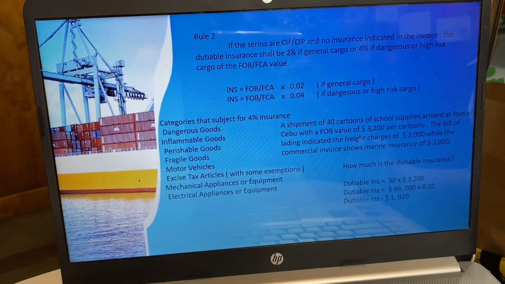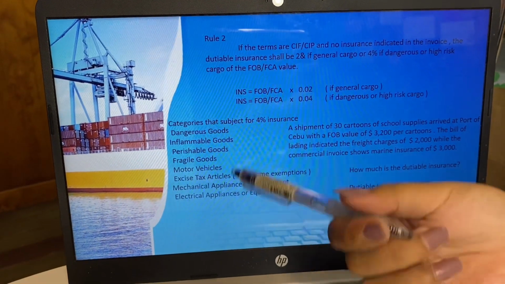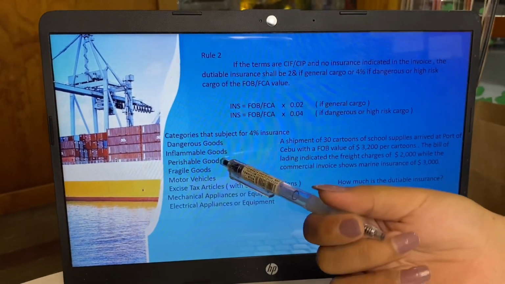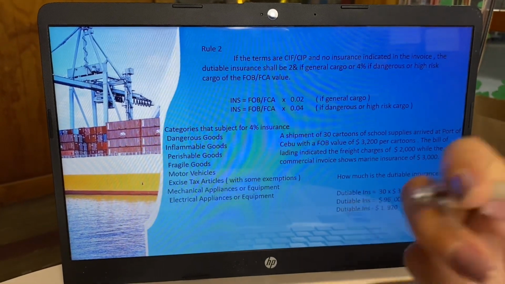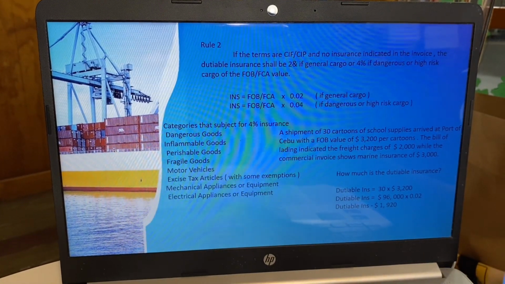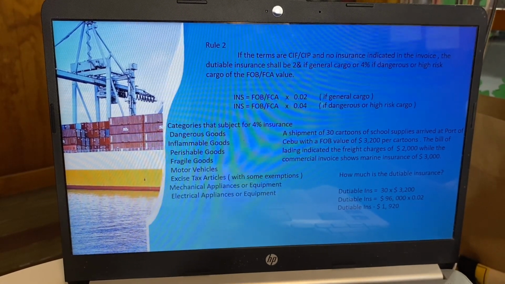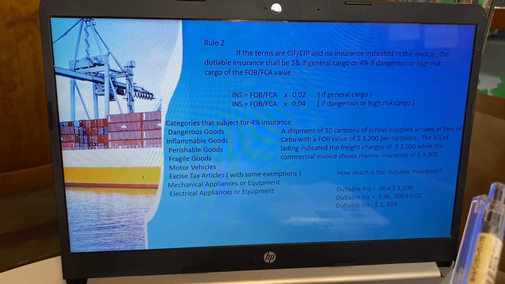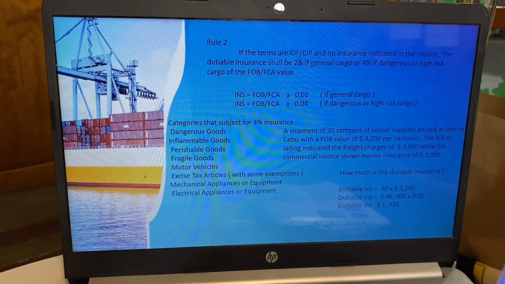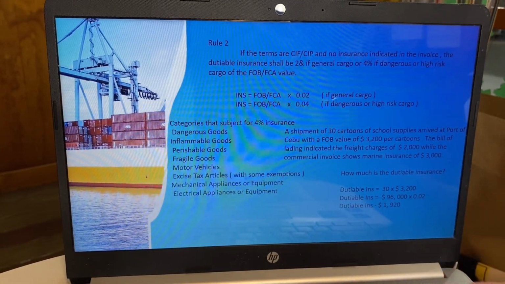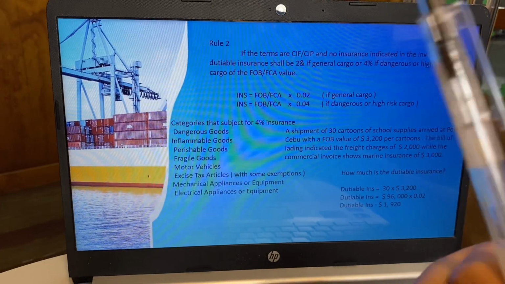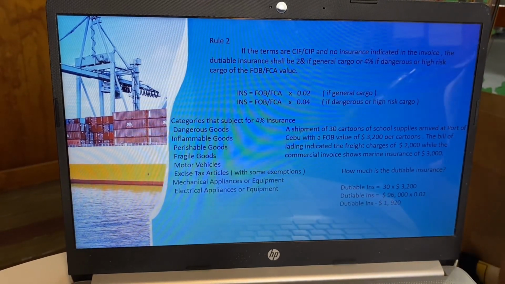As you can see, these are the categories classified as dangerous or high risk cargo. So if nothing is declared in the invoice regarding insurance, you're going to use the 2% and 4% rule.